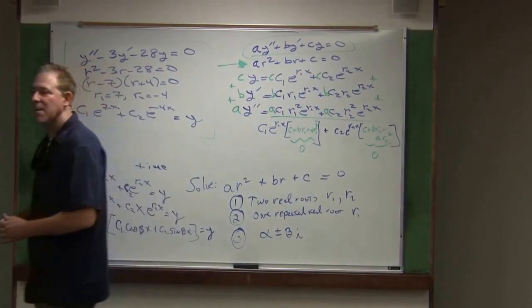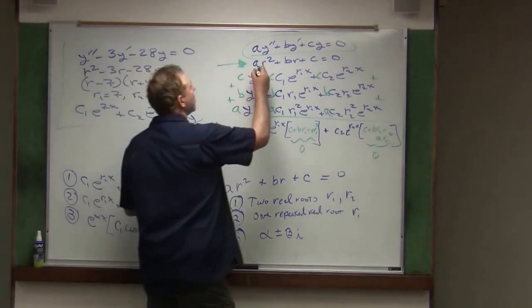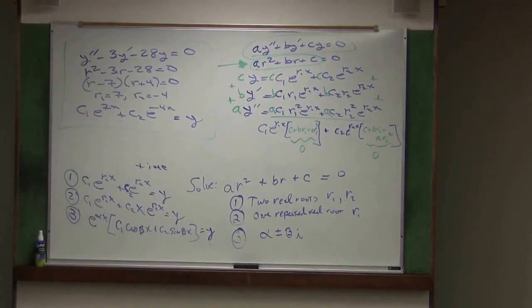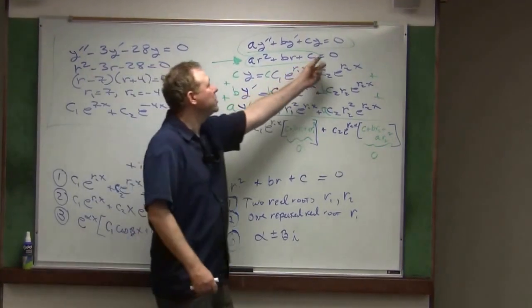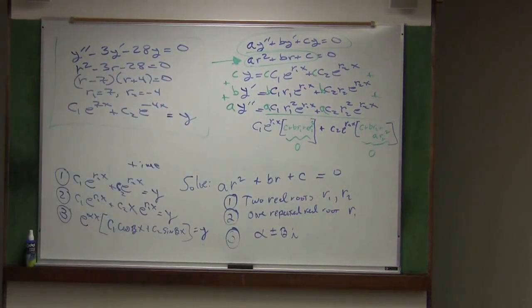But c doesn't cancel out? Hmm? How does the c disappear inside the green? a r squared plus b r plus c is 0. Oh, okay. We're assuming that r1 and r2 satisfy that equation, and we get them from the quadratic formula. So that's the justification there.